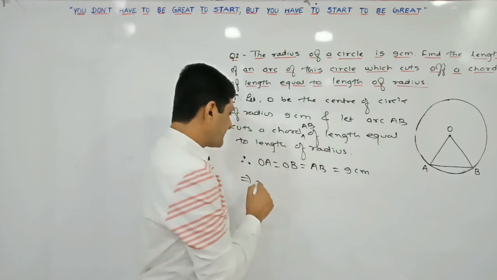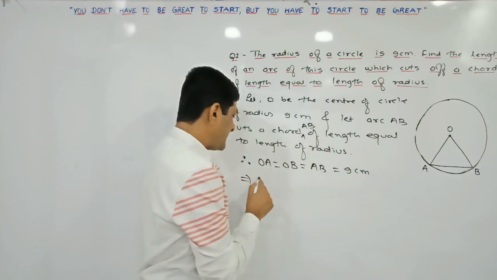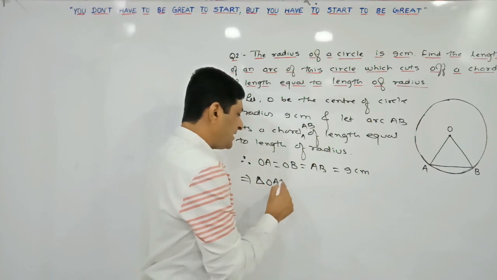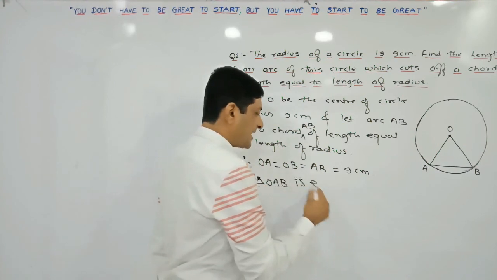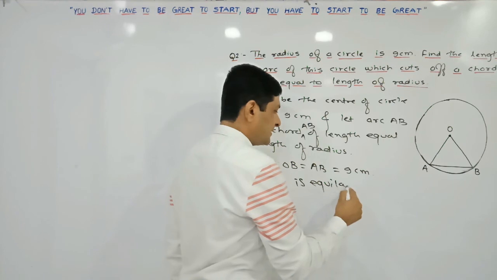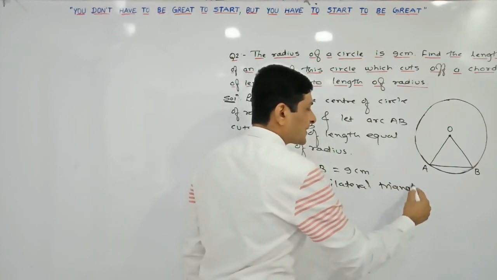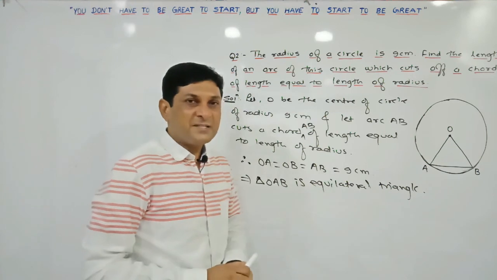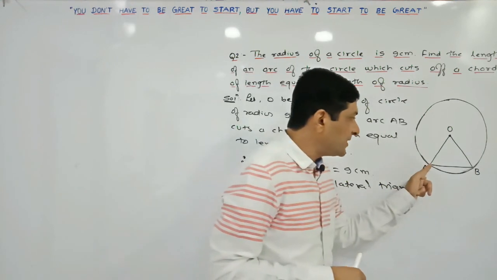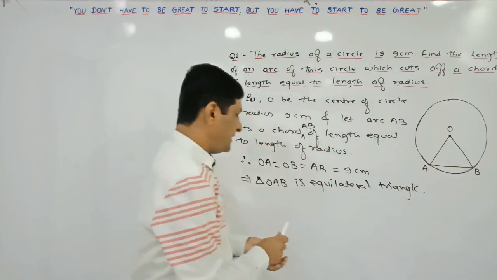Equilateral triangle. So this implies that triangle OAB is an equilateral triangle.